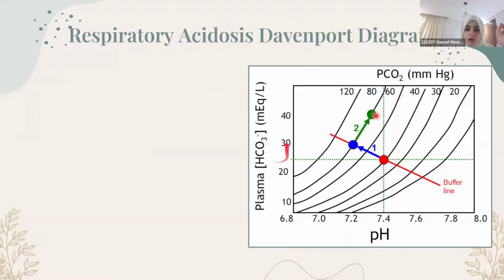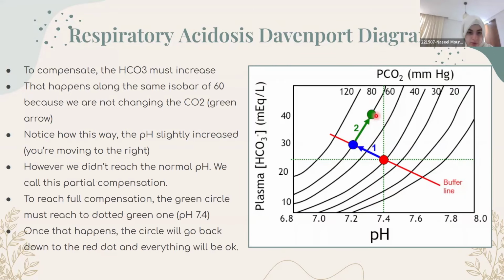However, I'm changing my bicarbonate concentration. And what am I doing to it? I am increasing it. Okay? So you can see that while I'm increasing it, it is going towards the right side. And so what happens to the pH? At first I was at 7.2, and now I'm about 7.3. So I'm compensating, right? So this is basically what I said over here.